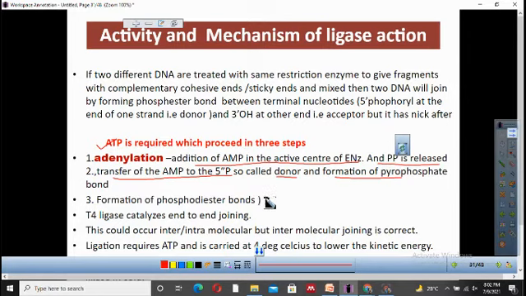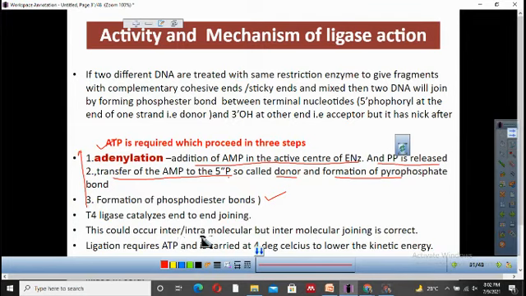And third is the formation of the phosphodiester bond. So these three steps are for the DNA ligation and T4 ligase end-to-end joining.